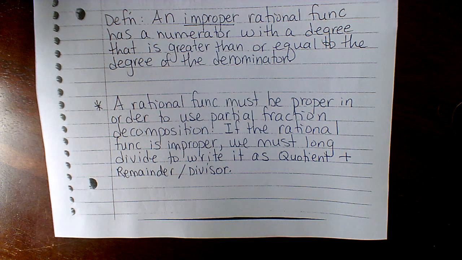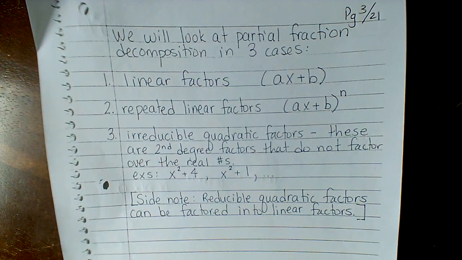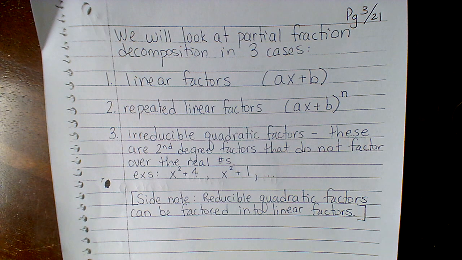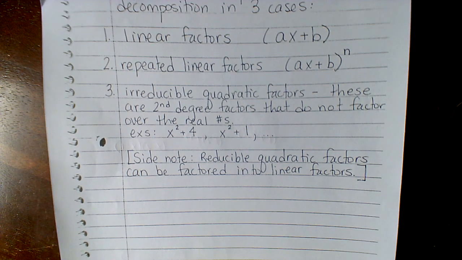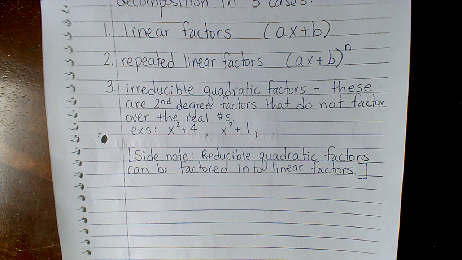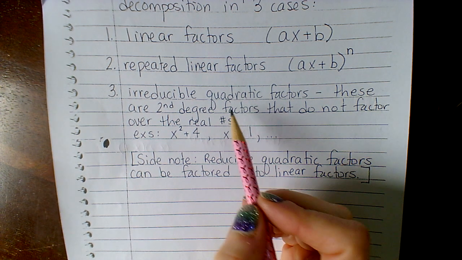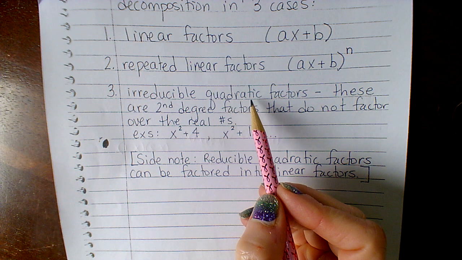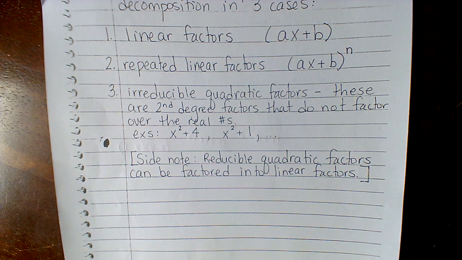Now, we've got 3 different cases for partial fraction decomposition. We're going to have linear factors in the denominator, repeated linear factors in the denominator, or what we call an irreducible quadratic. These are second degree factors, obviously, because it's called a quadratic, and they don't factor over the real numbers.